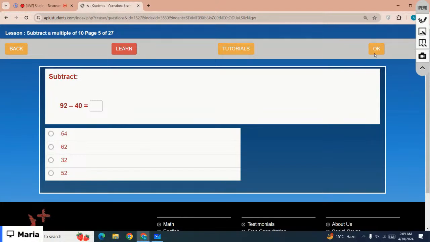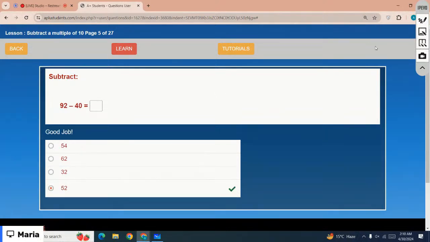92 minus 40, which is the correct option? 2 minus 0 is 2 and 9 minus 4 is 5. The correct option is 52.